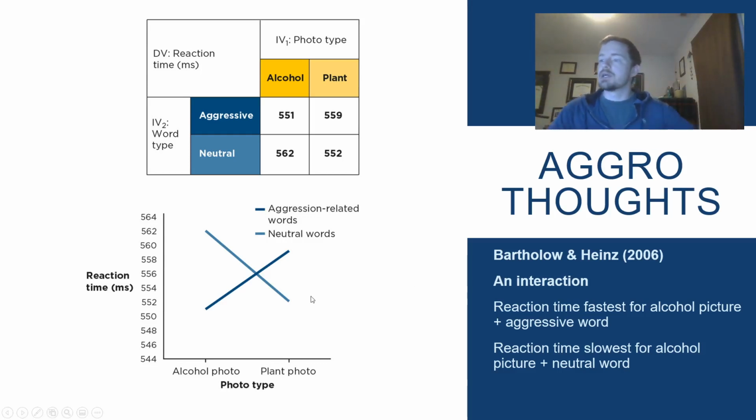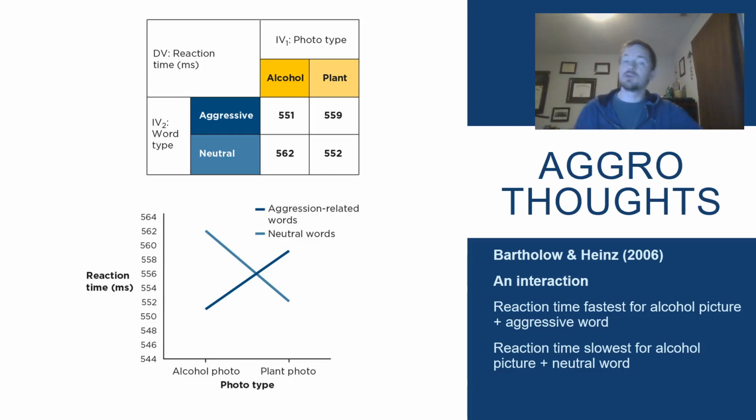Let's take a look. What we're seeing here, based on this data, is that whenever someone has an alcoholic photo presented beforehand, they are much faster at aggressive words than neutral words. But we also find that whenever someone has a plant photo, they are faster for neutral words than they are for aggressive words.